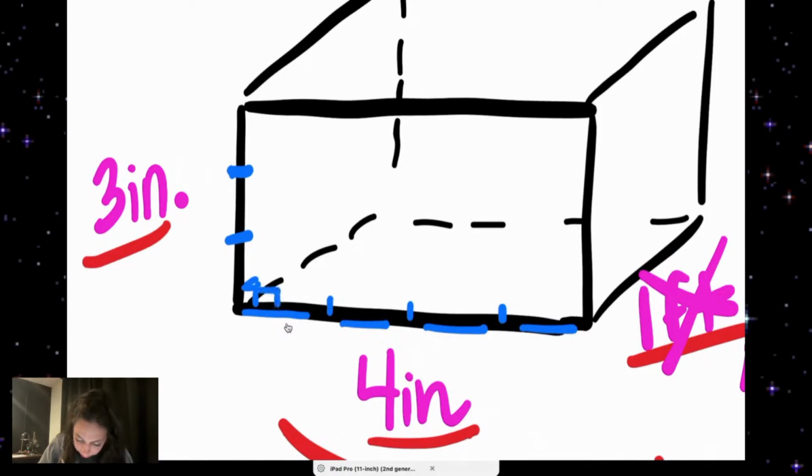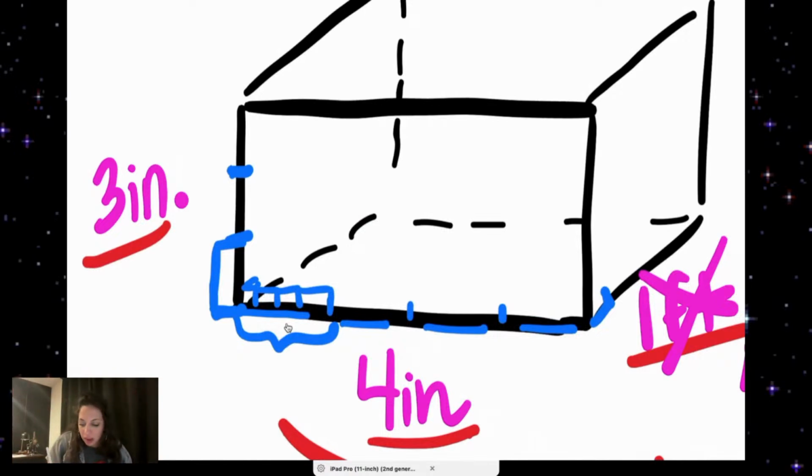One, 2, 3, 4. How many do I have here? There's 4 cubes in that 1 inch. And there's going to be 4 cubes in this 1 inch. And there's going to be 4 cubes in this 1 inch.